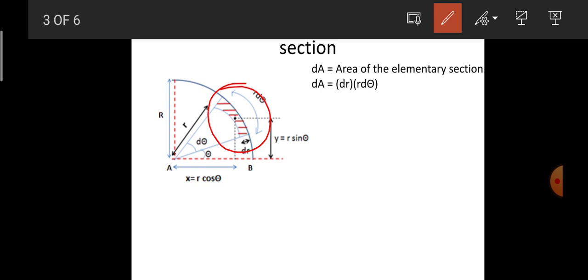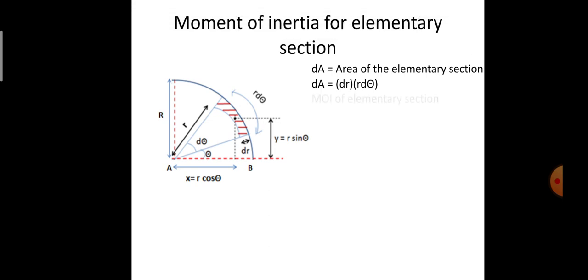Therefore the curvature of the elementary section can be neglected, and it can be considered as a rectangle, whose area is length into depth. Length is equal to r d theta and depth is equal to dr. So the area of the elementary section is r d theta into dr.